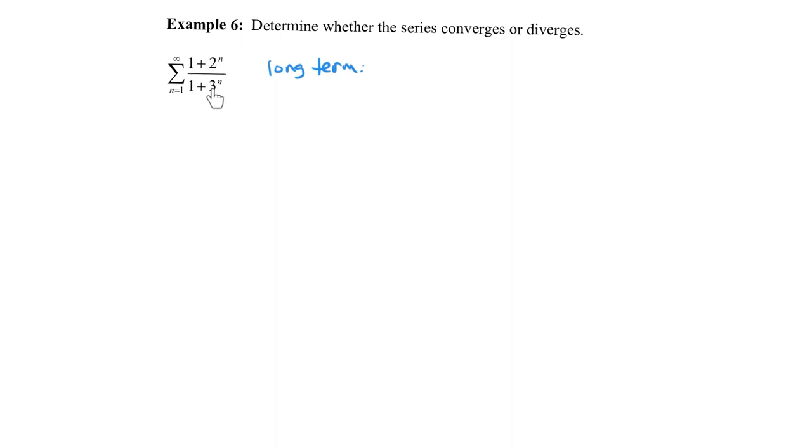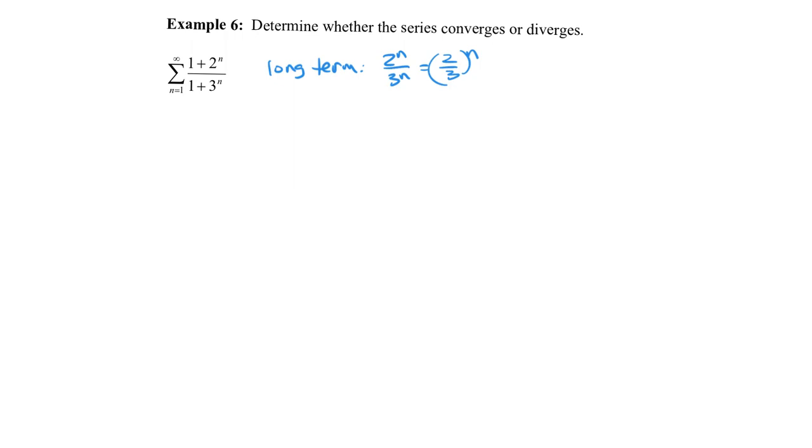The denominator will look like 3 to the n, because 2 to the billion plus 1 is pretty close to 2 to the billion, right? It's not going to be a big difference. So long term, we're going to have something like 2 to the n over 3 to the n, which is 2/3 to the n, which looks suspiciously like a geometric series, right, with r equals 2/3.